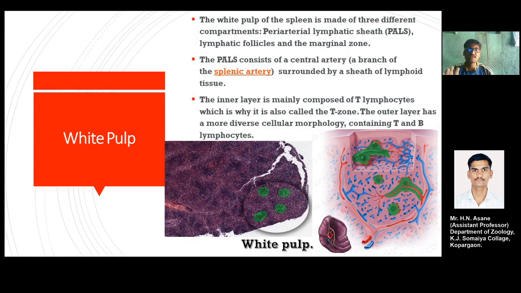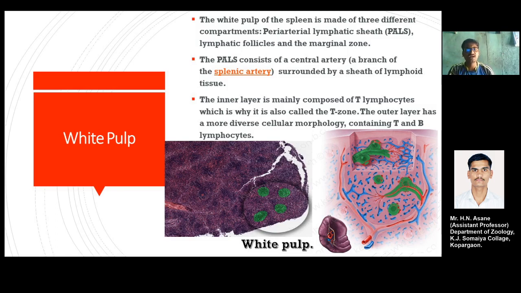These periarterial lymphatic sheaths consist of a central artery over here. That central artery is surrounded by a sheath of lymphatic tissue, and it is a branch of the splenic artery.